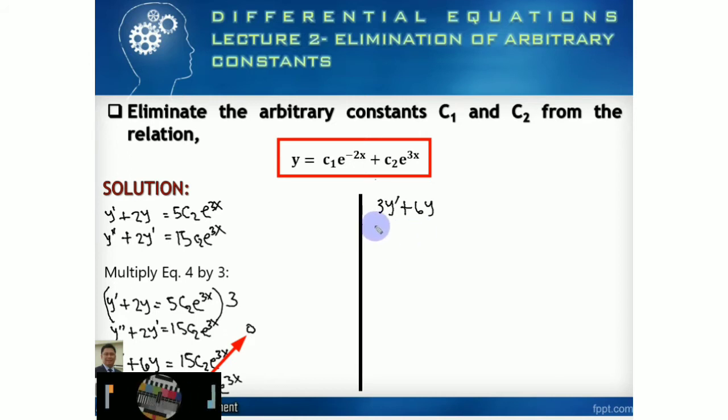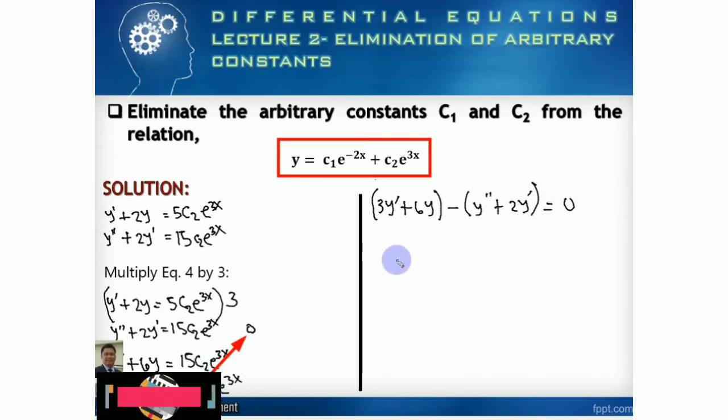So this could be 3y prime plus 6y, then you minus this one with this y double prime plus 2y prime, which is then equal now to 0, since the difference of this one is 0.